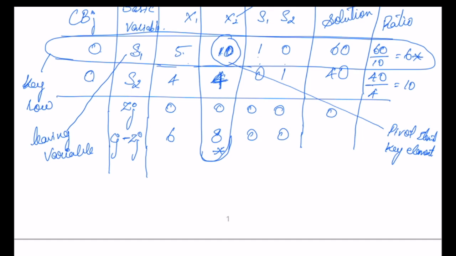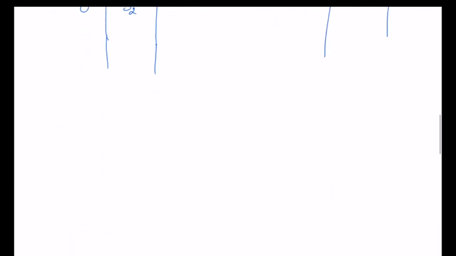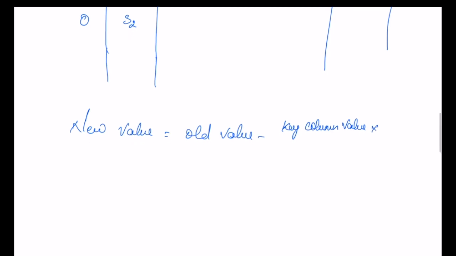Okay. For that, we'll use the following formula. New value is equal to old value minus key column value into key row value divided by key value.